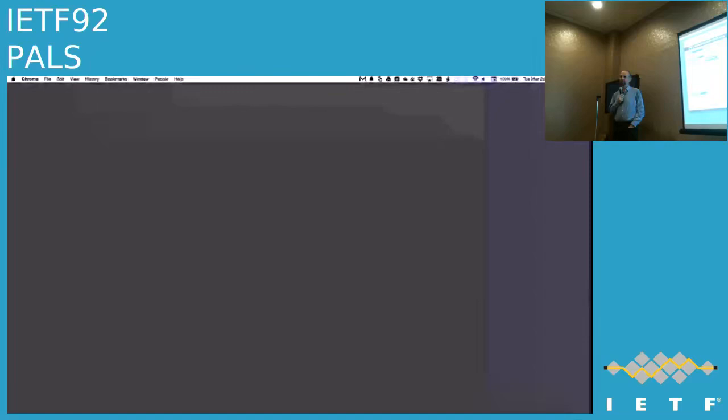BGP, basically, I think the server is the same with the other one. CE ID. Okay. So it means the VPLS, you mean the site ID. Right, yes. Okay. Thank you.